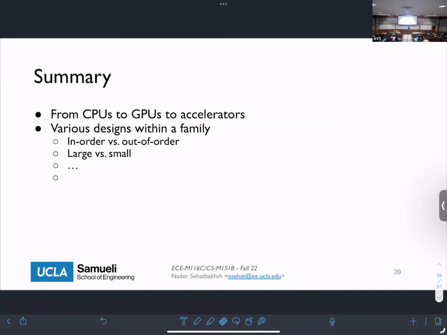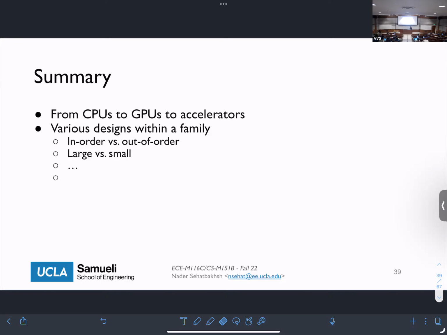All right, so to summarize what I just said in this lecture, I wanted to give you a perspective of the range of solutions that we use in hardware in order to run things faster. We talked about the CPU, we talked about the multi-core system as the next step for the CPU. And then in this lecture, I talked about domain-specific accelerators.